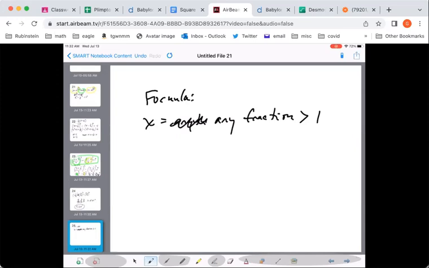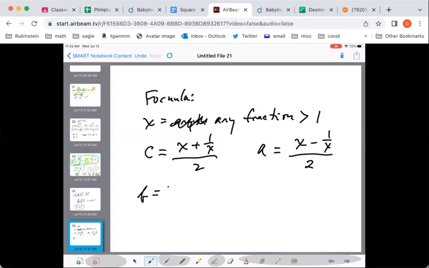The C value is going to be (x plus 1 over x) over 2. And the A value is going to be (x minus 1 over x) over 2. And the B value is going to be 1. That's it. So this is the thing that I wanted to show you today, the second thing. I have more to say about the tablet and questions to answer about it. But if you write this down, this is the formula. Let's watch it in action.